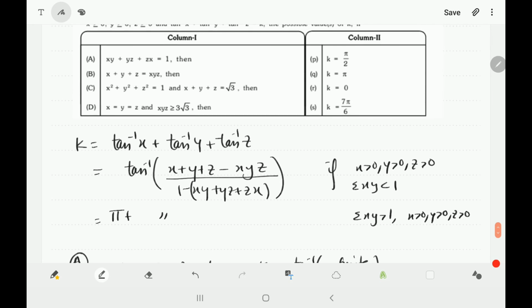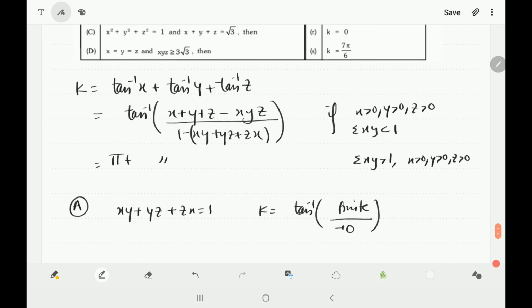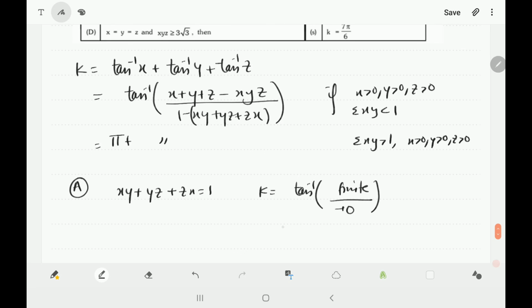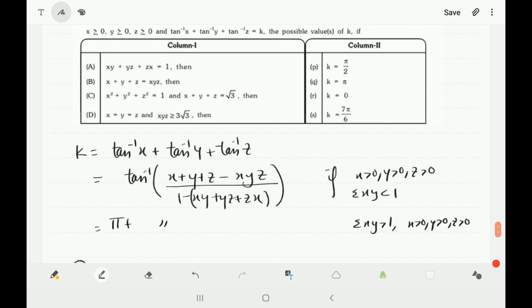So it will be going towards tan inverse of infinity, or maybe tan inverse of minus infinity. So tan inverse of plus or minus infinity might be possible. If you see that, we will have the answer as plus pi by 2 and minus pi by 2, and hence A will be attached with P. So option A will have the answer as P.